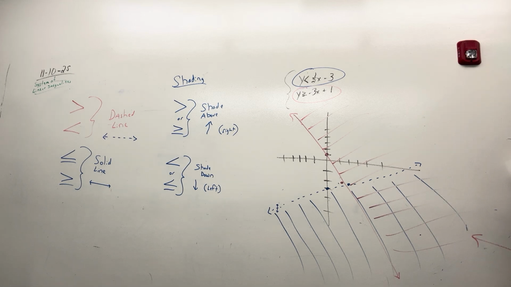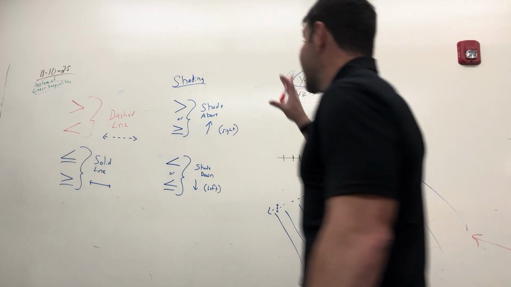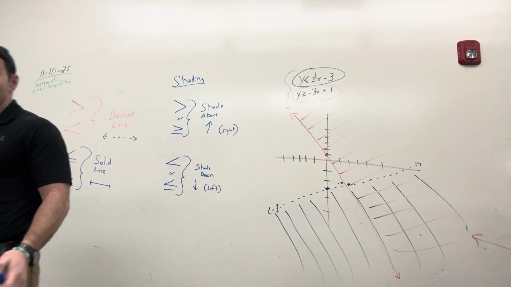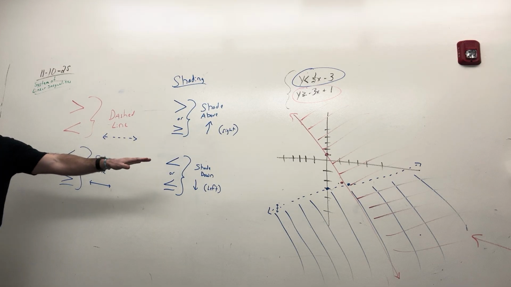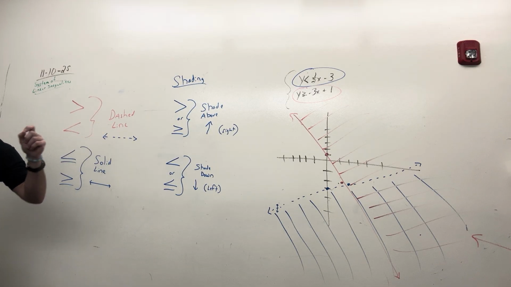When you are doing a system of linear inequalities, you're looking for where they overlap. If you miss the shading, you will miss the entire problem. I would rather see your line be a little bit off than the shading be wrong. Obviously I don't want either to be wrong, but the answer is only where they overlap.